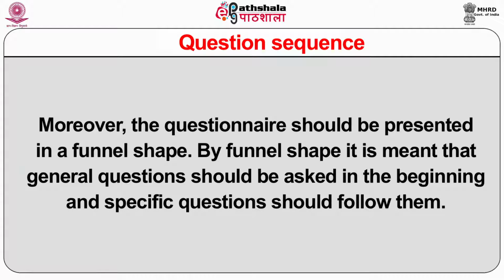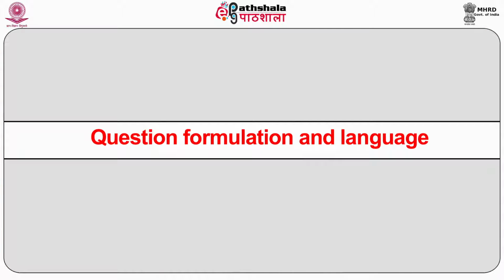Moreover, the questionnaire should be presented in a funnel shape. Now, by the funnel shape, we mean that the general questions should be asked in the beginning and specific questions should follow them. This helps in creating the interest of the respondent and making him familiar with the study. Number 3. Question formulation and language.